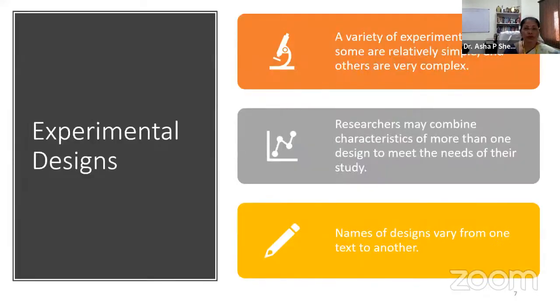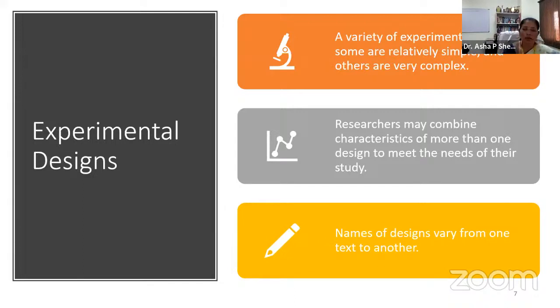So today we will be discussing these experimental research designs, and we need to know that there are a variety of experimental designs. Some are relatively simple, whereas some designs are very complex. Researchers may combine the characteristics of more than one design to make it suitable to the needs of their study.